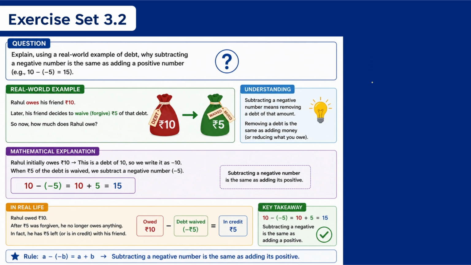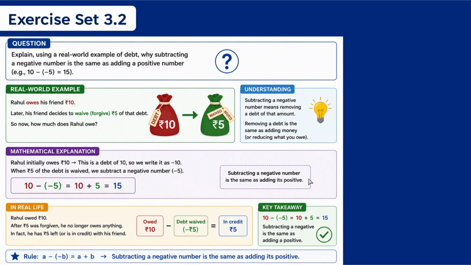Say, for example, if you have the number 5 and minus of minus 8. So this is going to turn up to 5 plus 8, and that gets you 13. So subtracting a negative number is same as adding a positive number.